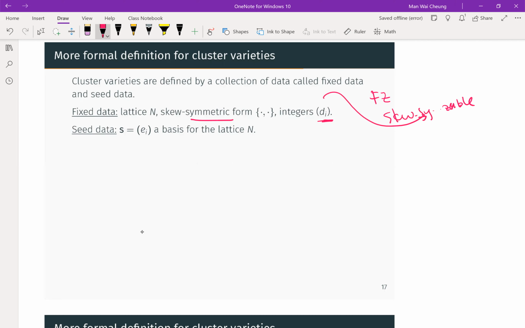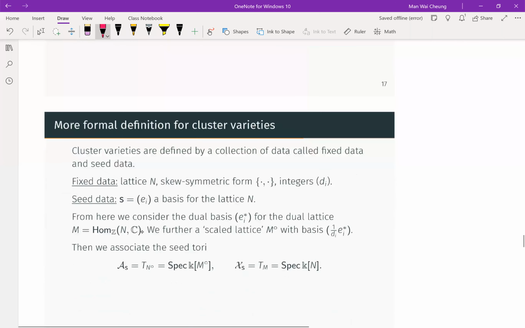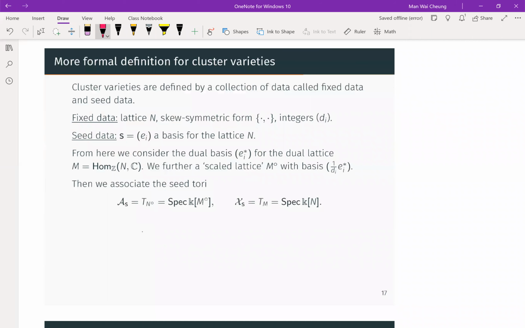And we have the seed, which is a basis of the lattice N. And then with the lattice N, we have the dual lattice. So we have a basis and a dual basis. And then, as we said, in our mind we should be thinking about this skew symmetrizable matrix.